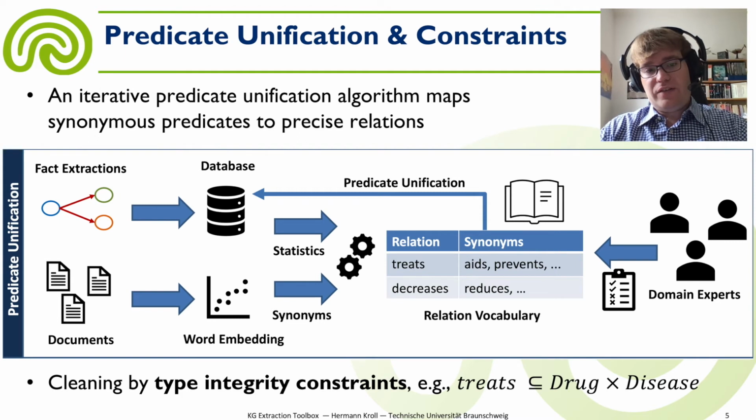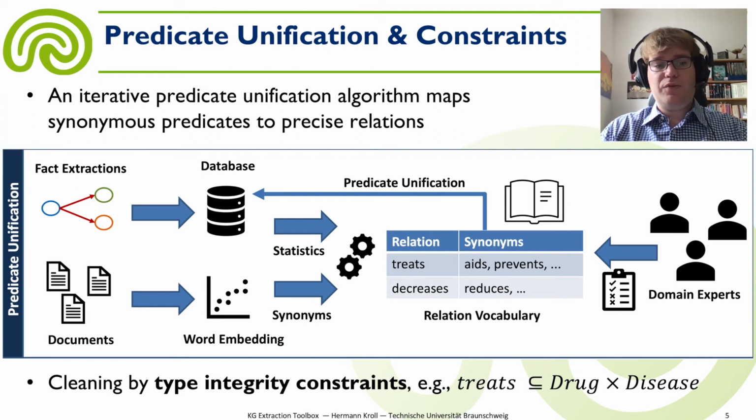Open information extraction and PathIE will lead to many synonymous predicates. So in our biomedical example, we might have some statements which have treats as the predicate. Another statement might have aids or prevents as the predicate, and they all describe the same hidden relation, treats. To unify these different synonymous predicates, we have developed an iterative predicate unification algorithm that maps synonymous predicates to precise relations.